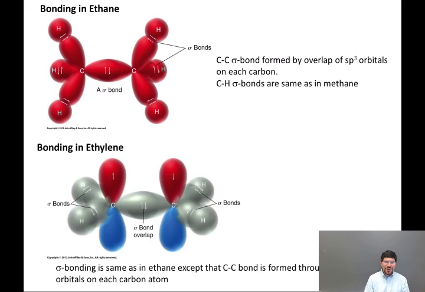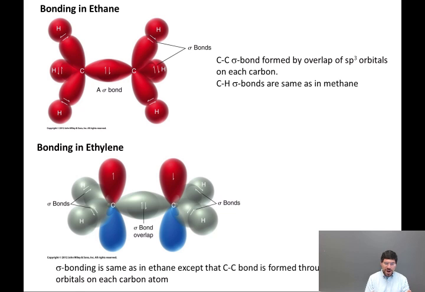Taking it one step further now, we can talk about how we get double bonds. Ethylene, C2H4, is the simplest example of a molecule that has a carbon-carbon double bond. The sigma bonding is going to be exactly the same as in ethane, except that instead of using sp3 orbitals on carbon, we're using sp2 orbitals on carbon because the carbon is sp2 hybridized.